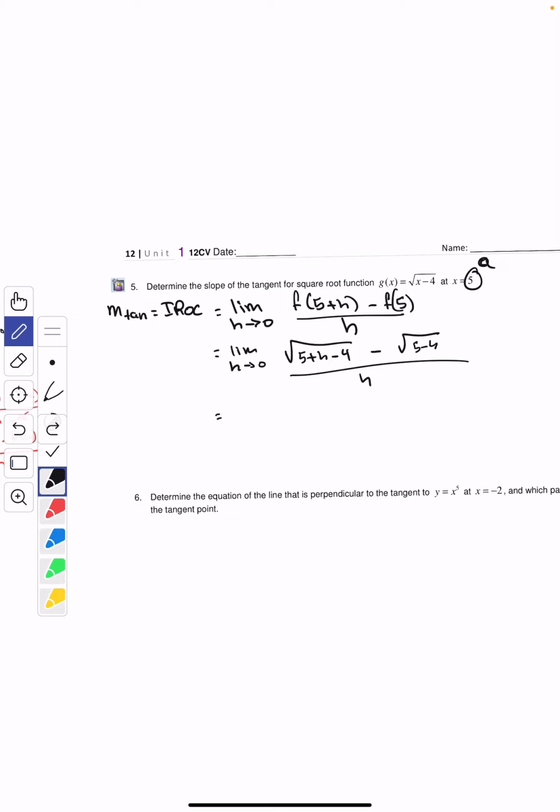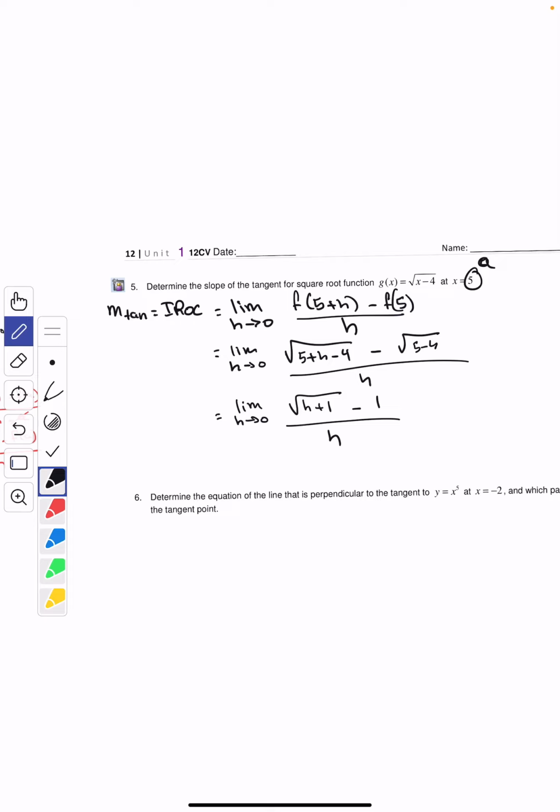All right, we're going to simplify. So what I have here is the limit as h approaches 0 of the square root of 5 minus 4, so that's going to be h plus 1, minus the square root of 1, which is just 1, divided by h.